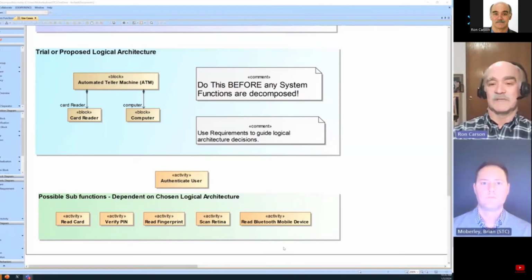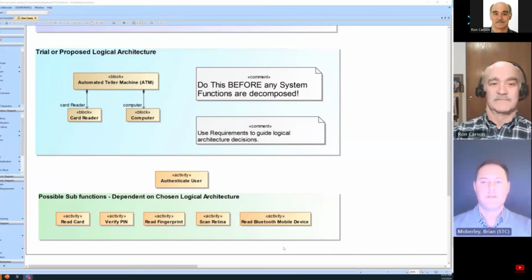And this just indicates the problem: I don't know that I need to read a fingerprint unless I'm actually implementing a fingerprint reader, or vice versa. If I've chosen to do authentication with a fingerprint, then I need that function. But the fingerprint itself becomes an input into the ATM that triggers the ATM to do something. It's not a separate function.